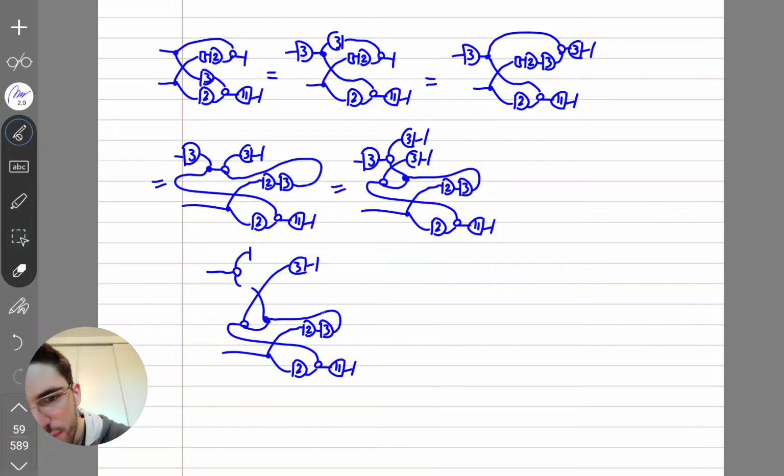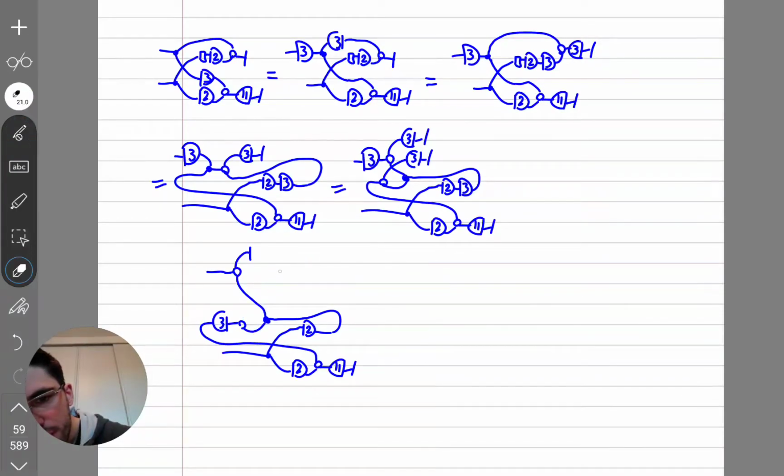So I can remove those 2 and get a 3. Okay, good. It's all cancelling out. And then this 3 and this 3 go through. And then this one just goes here, and then this one just goes here.